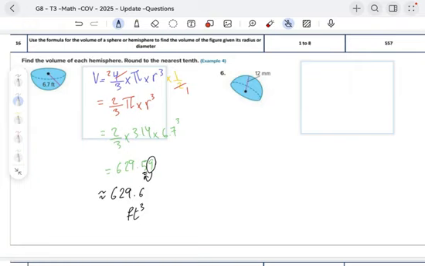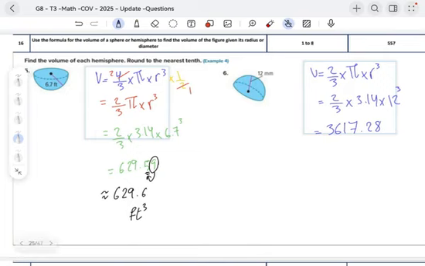Okay, let's go for the second question. The volume is 2/3 pi times the radius cubed, and the radius here is 12, so it will be 2/3 times pi 3.14 times the radius cubed, and this is equal to 3617.28, and we can round it up.